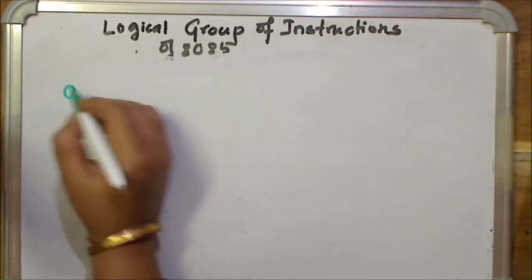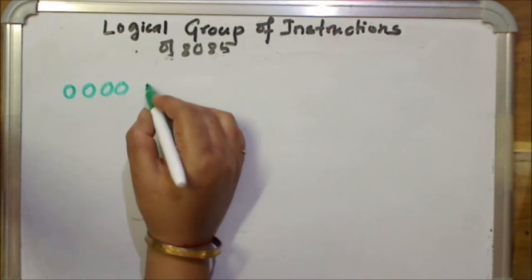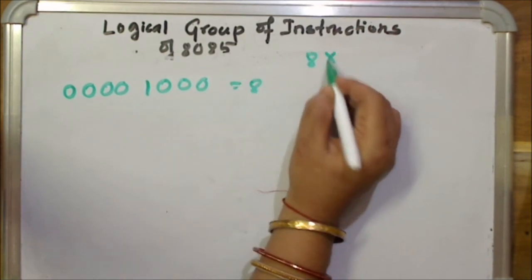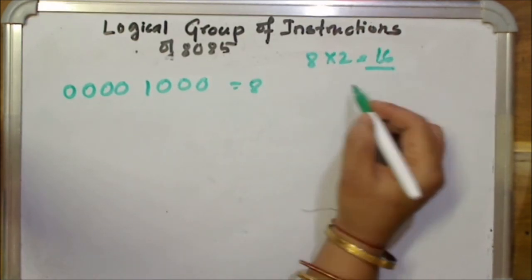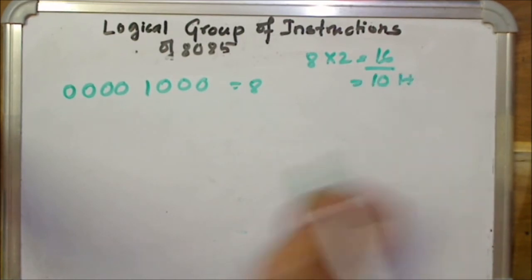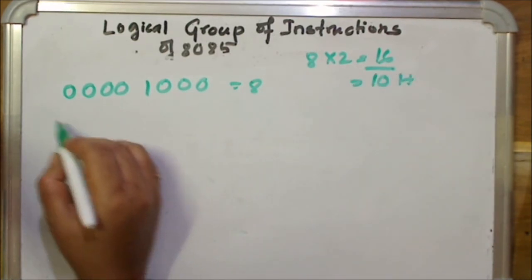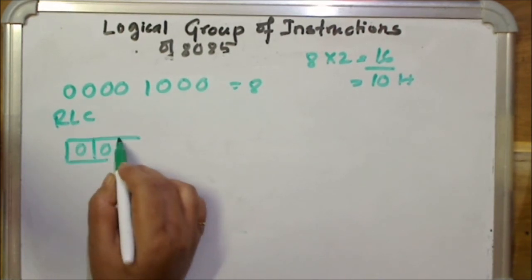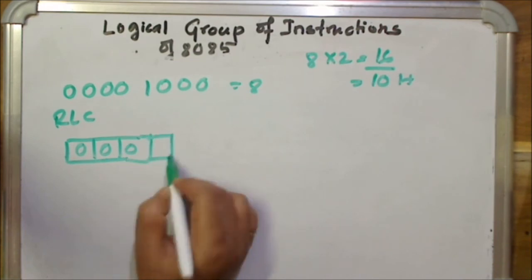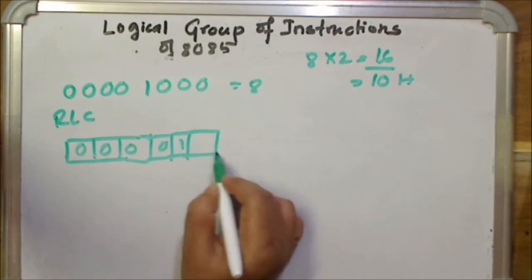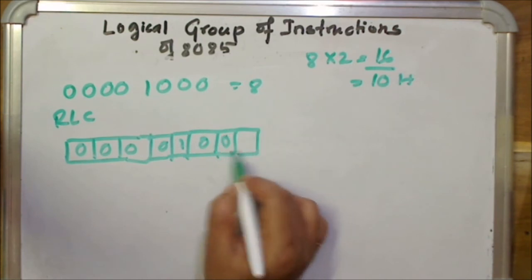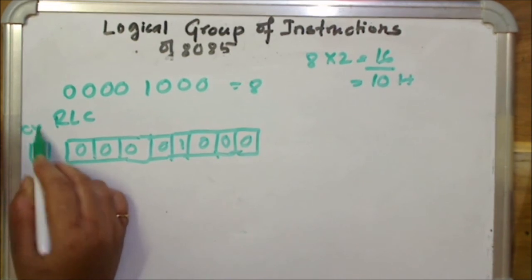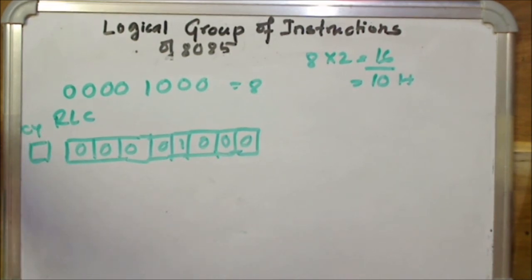Suppose I take the same number 0 0 0 0 1 0 0 0, that is 8. If I multiply by 2, it will be 16 in decimal, that is 10 in hexadecimal. So let us see. I use RLC. This is your carry. I rotate it left.